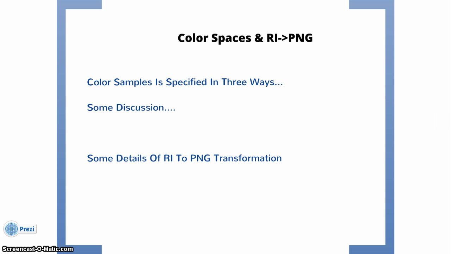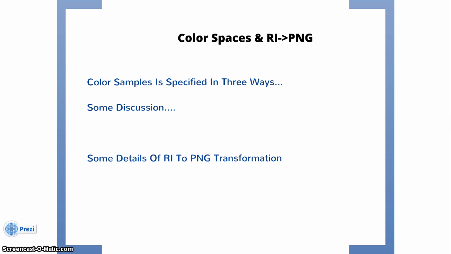Firstly, the color space is generally specified in three ways. Firstly, by an ICC profile. Secondly, by specifying explicitly that the color space is RGB, when the samples conform to this color space.